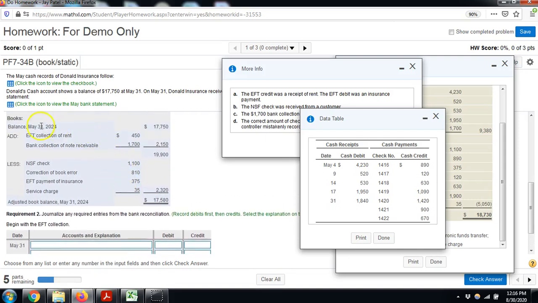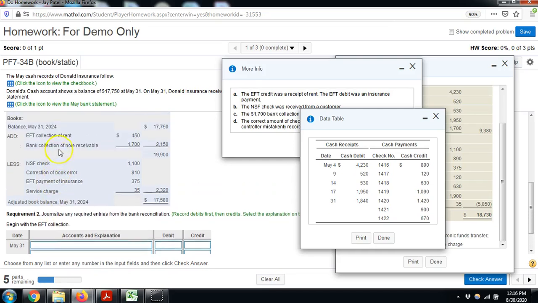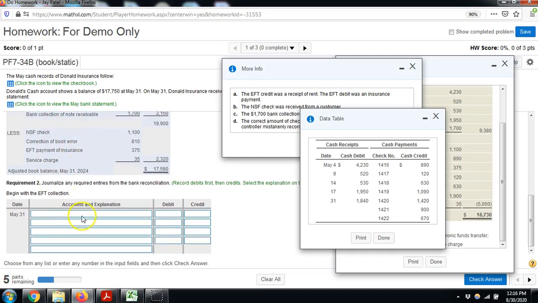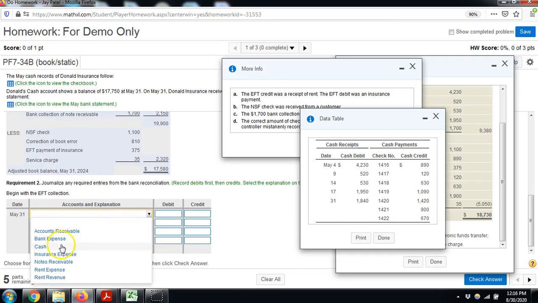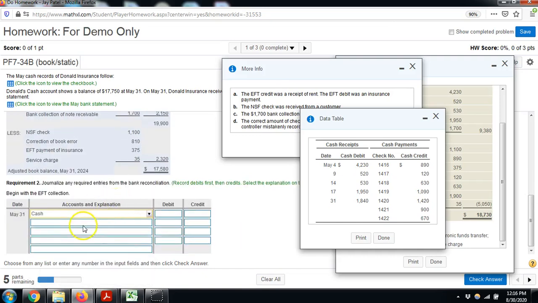So we're only going to be looking at the book side of the reconciliation when we're doing our entries for the bank reconciliation. So let's start with the EFT collection. Again, this was for rent. So we're going to have cash, right? All of these adjustments are going to involve cash.